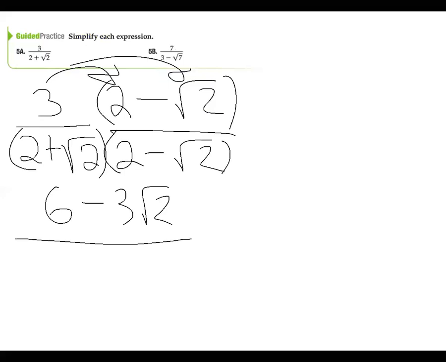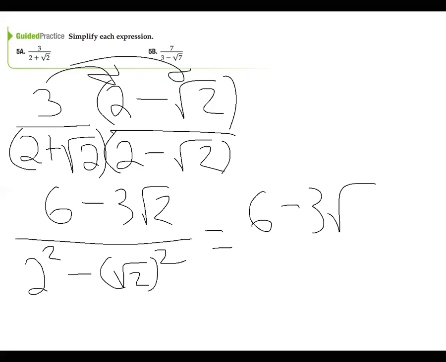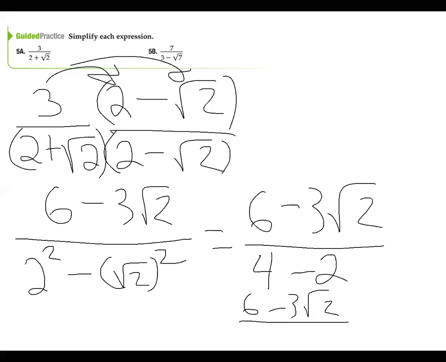And when you FOIL this out, basically it becomes the first term squared minus the last term squared. So you'd have 6 minus 3 square root of 2 over 4 minus 2, which becomes 6 minus 3 square root of 2 all over 2. That's your final answer.